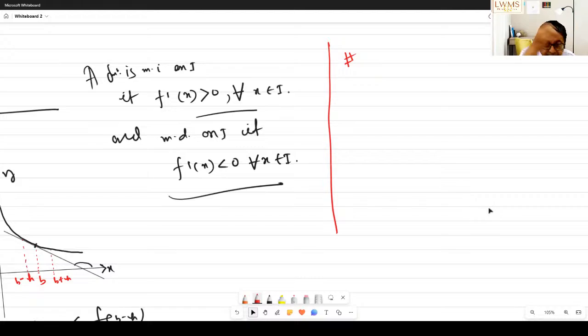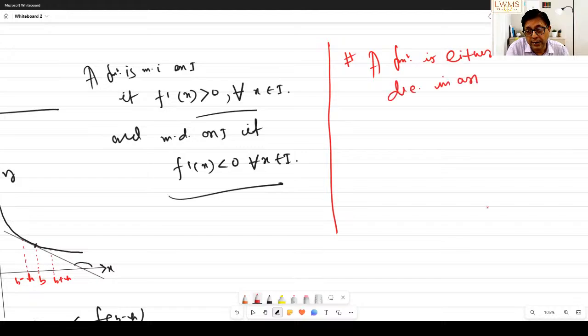You can write in words, it's a very important note: a function is either increasing or decreasing in an interval. Okay?